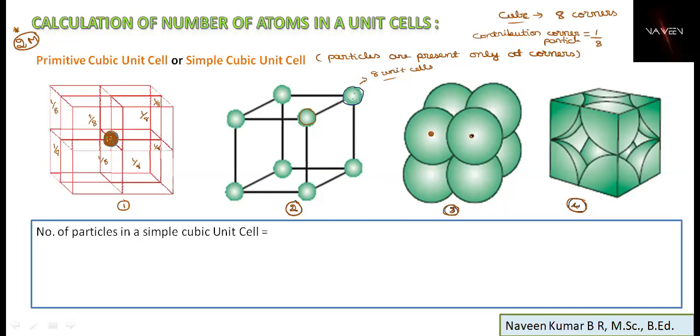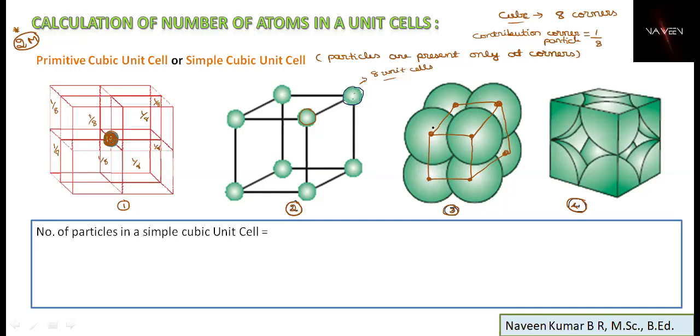Now consider all the spheres which touch each other. To generate the crystal system, observe carefully what I am writing. At the center of each sphere we make a dot and join those dots, so that will generate our crystal system as a simple cubic system.